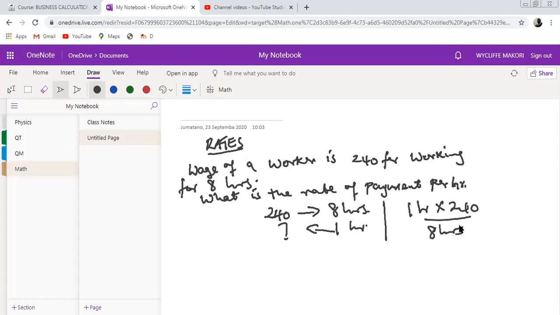The hours cancel out, which is the same as 240 over 8, and you realize that the person is being paid 30 shillings per hour. So 30 times 8 gives you the 240 that the person earns in a day. That is the rate of payment. We can have another example.